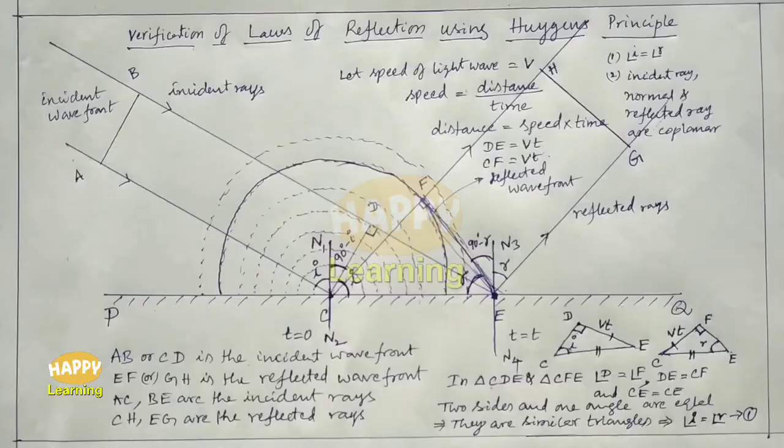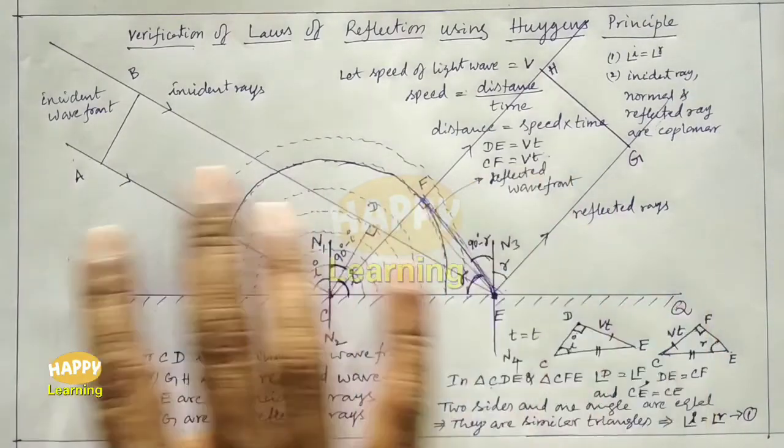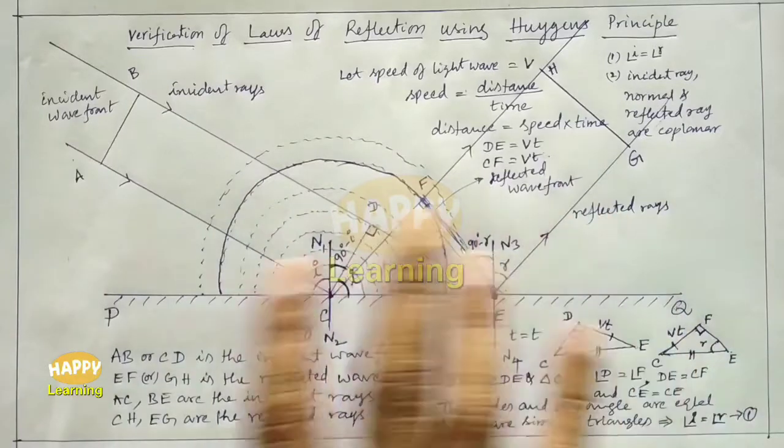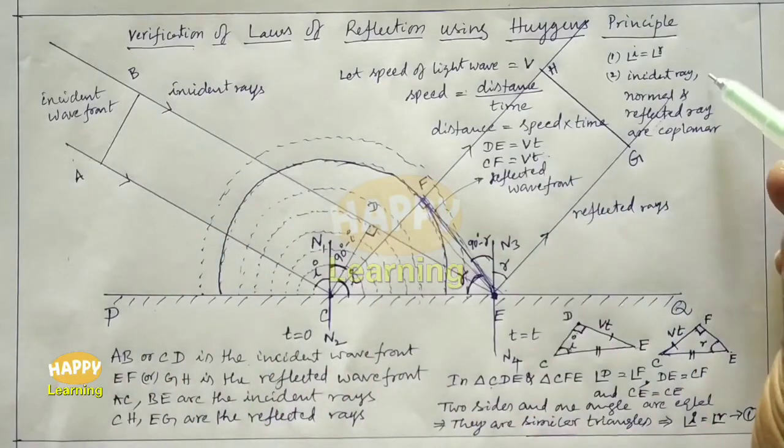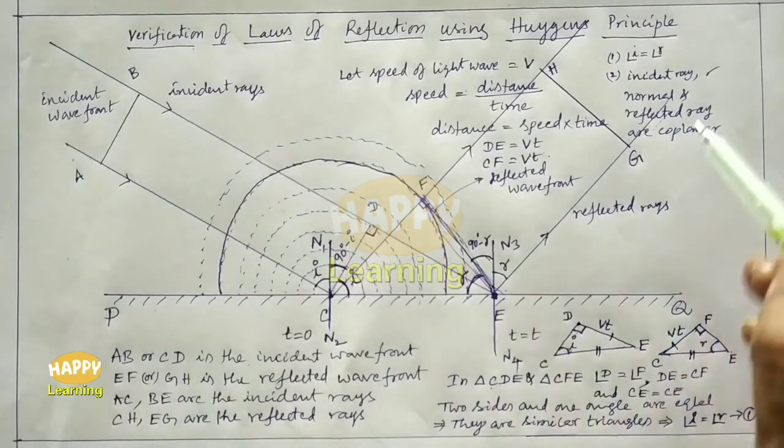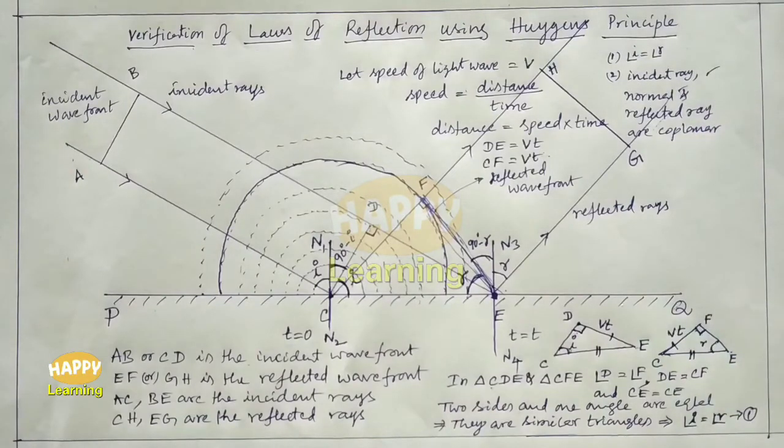Okay. Then this incident ray, this normal, this reflected ray, all are in this plane of paper. So incident ray, normal and reflected ray are all in one plane. Therefore they are coplanar.